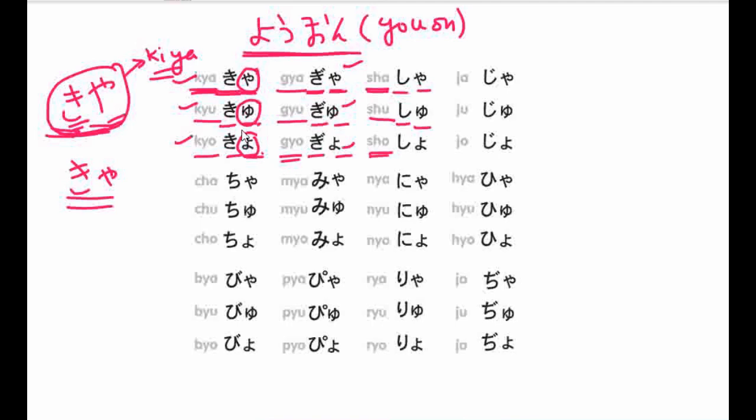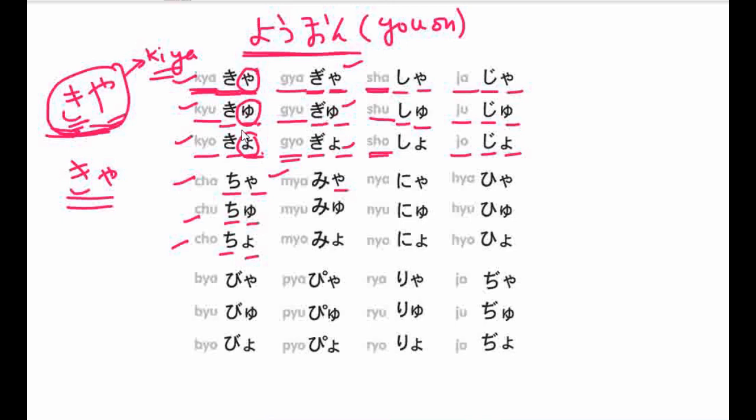Likewise, with ji and small ya it becomes ja, ji and small yu becomes ju, ji and small yo becomes jo. In the same way, chi, small ya, cha; chi, small yu, chu; chi, small yo, cho; and with mi and small ya, it becomes mya.